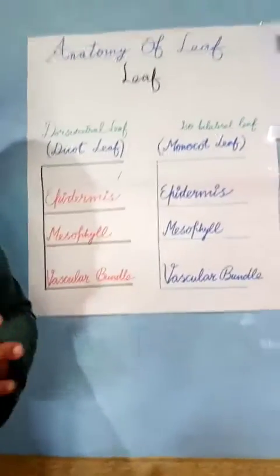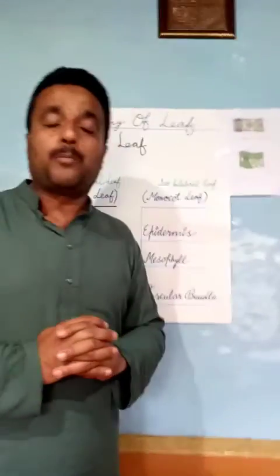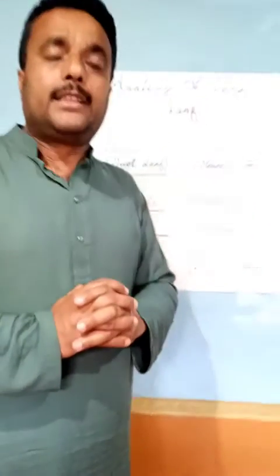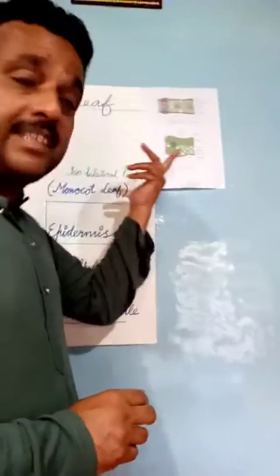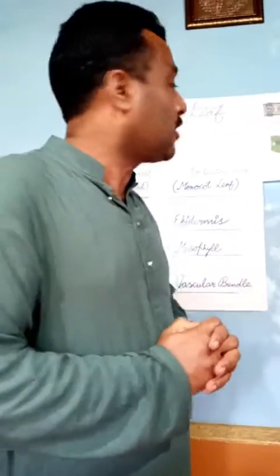That means it helps in the protection of the inner mesophyll cells, that is the palisade cells and the spongy cells. As the epidermis is surrounded by the cuticle, the cuticle also helps in the regulation of the process of transpiration.